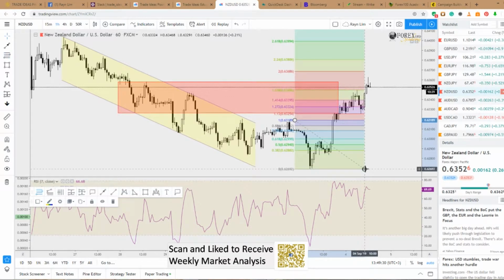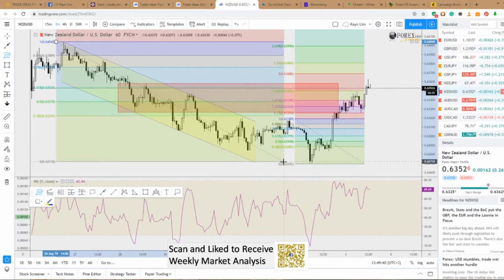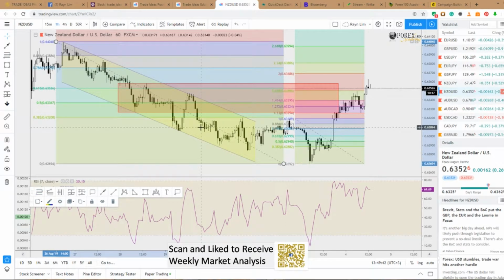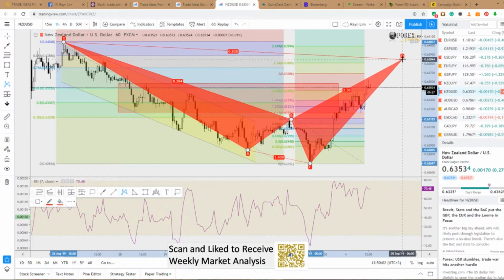So this is the shark pattern that I am looking at over here. This may take some time. So a shark pattern for a buying opportunity, a one chance buying opportunity, is at this level, X to A to B, C, and all the way up.